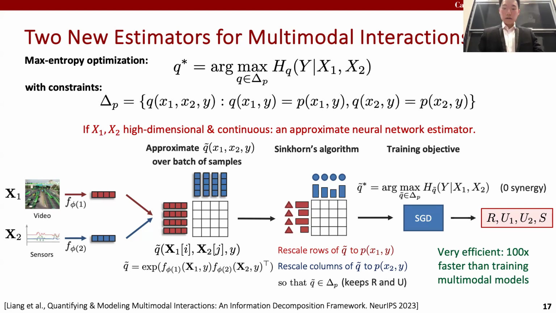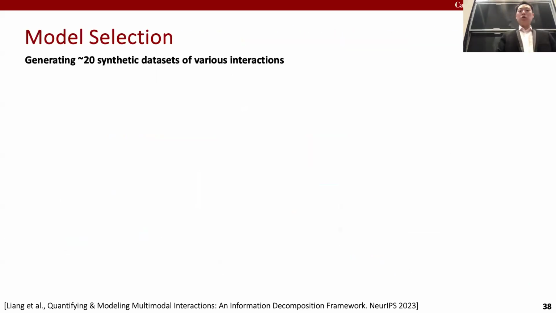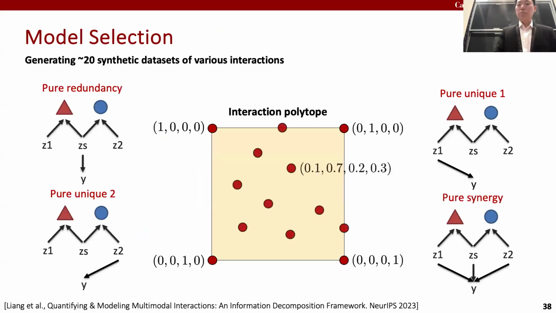When I say the order is the most important, to give a little more context about how we subsequently use these estimators to choose the right methods, we start by generating a bunch of synthetic data sets. Some data sets are purely synergistic, some are purely redundant. You can generate a ton of synthetic data sets with respect to some interaction.